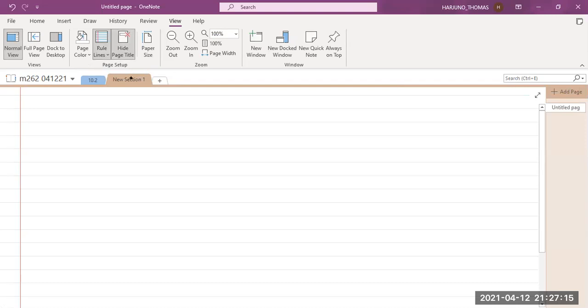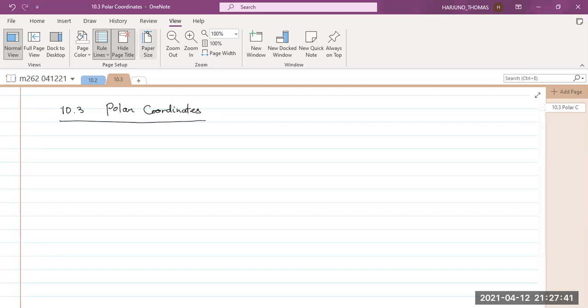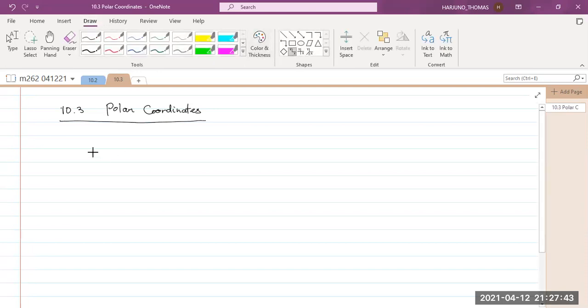Basically, how to deal with the polar coordinate system. The idea is, let's say we have a rectangular coordinate system, coordinate x, y.